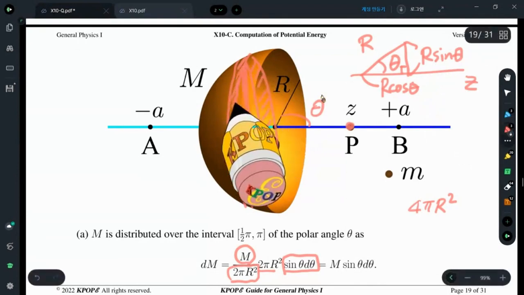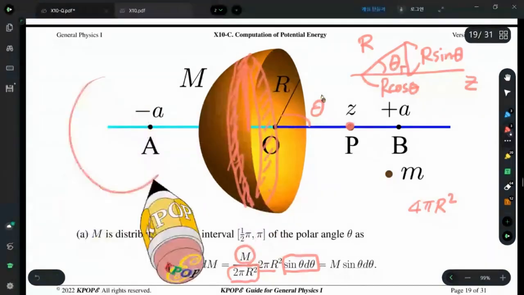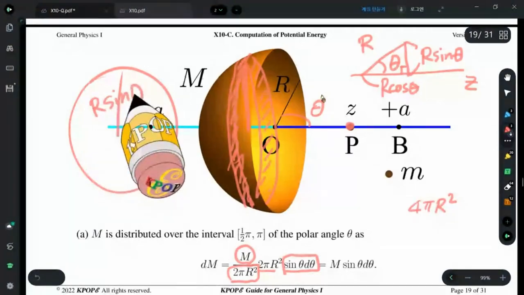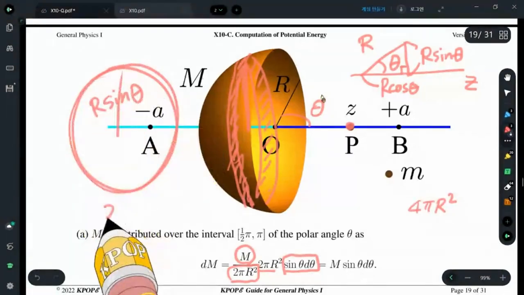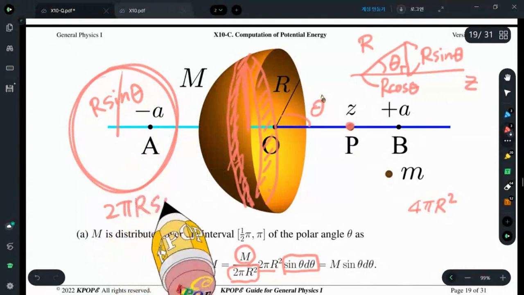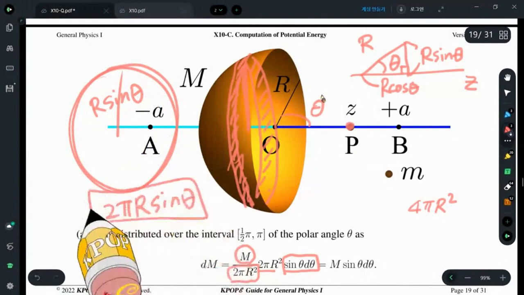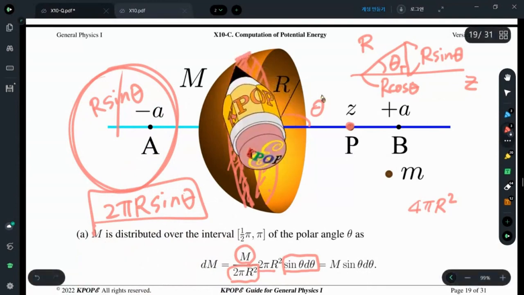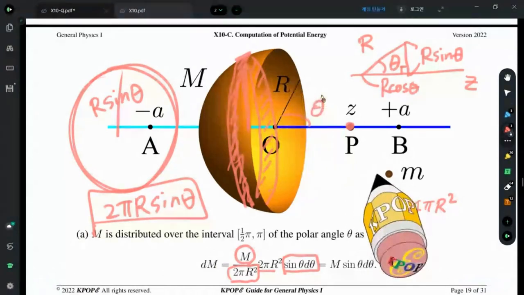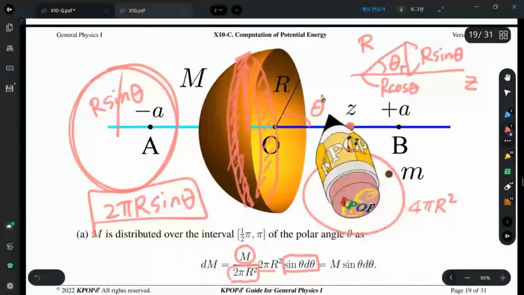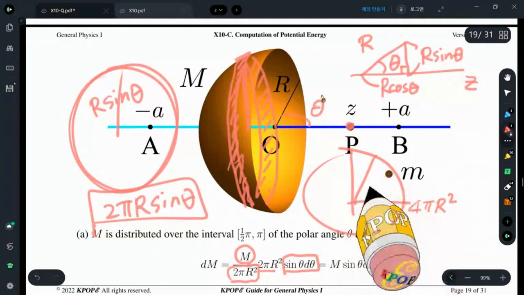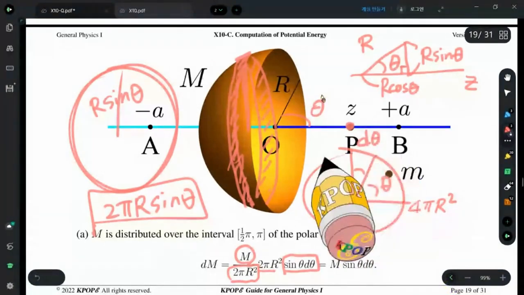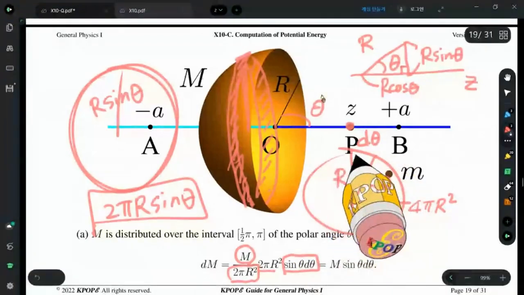So the circumference of this, because this radius is r sine theta, is 2 pi r sine theta. Okay? And what is the width of this? That width is just, because it is a circle, and we have angle theta varies, this is a theta, and let me call it d theta, and this is a circle of radius r.